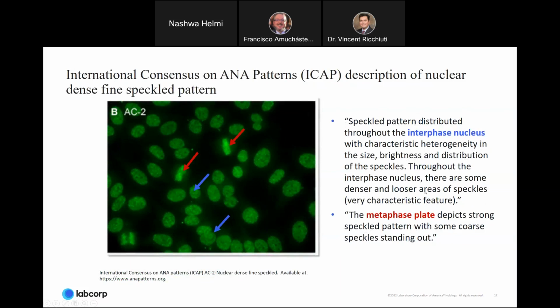Throughout the interphase nucleus, there are some dense and looser areas of speckles, and this is characteristic of the pattern, and we look for that when we look at those patterns. The metaphase plate, with the red arrow here, depicts a strong speckled pattern with some coarse speckles standing out. So when we look for the DFS70 pattern, which is very close to other patterns like the homogeneous pattern, we make sure that we look at those particular characteristics.